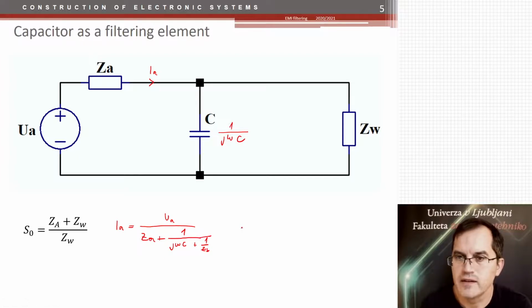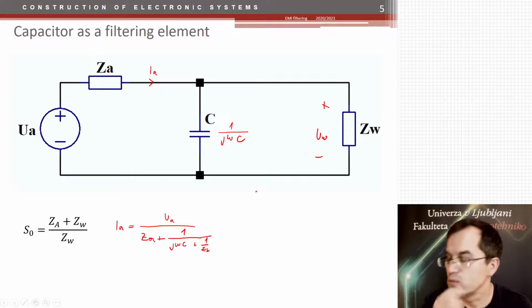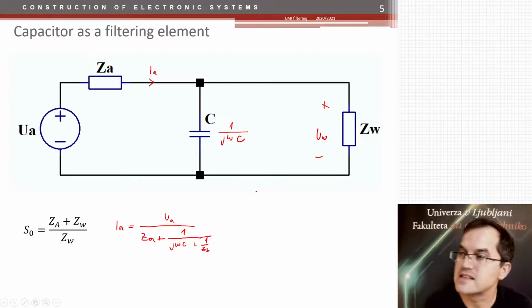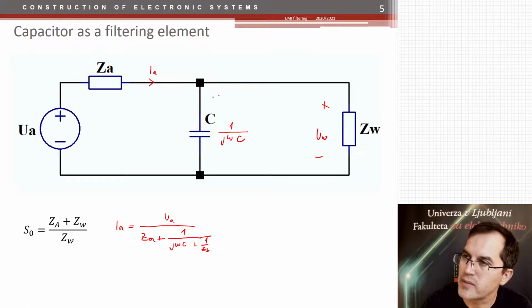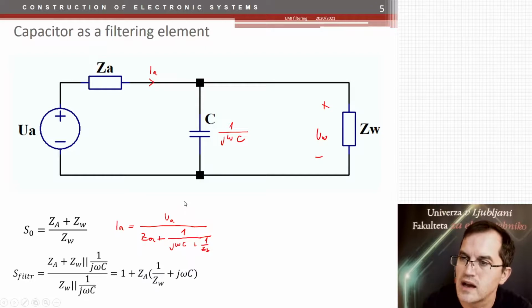And then finally you can use that to calculate the voltage on the load, which would be the UW. The voltage on the victim is this current times, again, the parallel capacitance and impedance of the victim. You can calculate that just for fun, and you will get the attenuation factor.